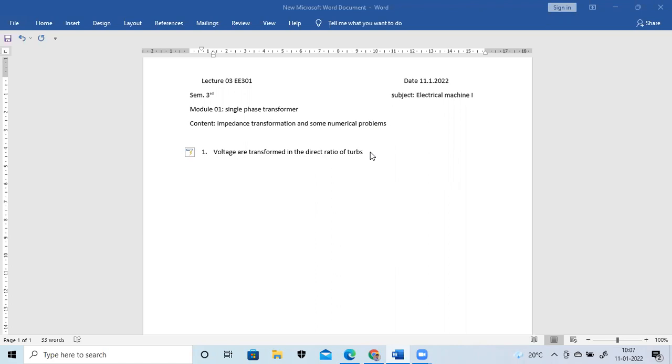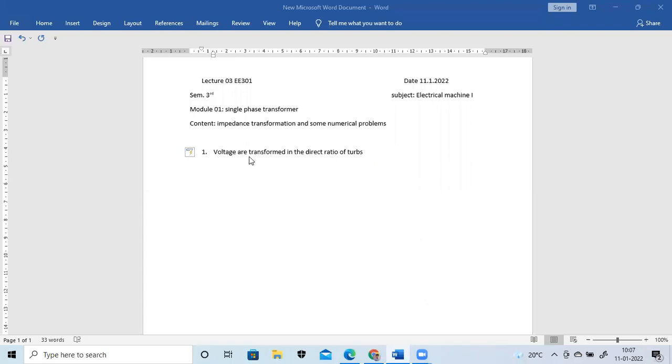Okay. So if you want to represent the secondary side voltage, that is V2, towards the primary side, how can we represent that? Multiply by the turns ratio. That voltage V2 multiplied by the turns ratio. So V2 dash is equivalent to the voltage of the secondary side transferred towards the primary side.